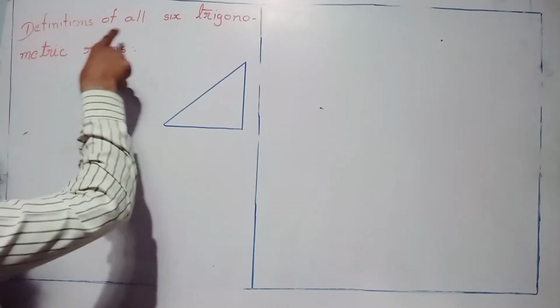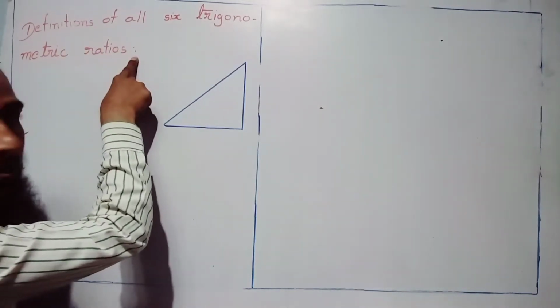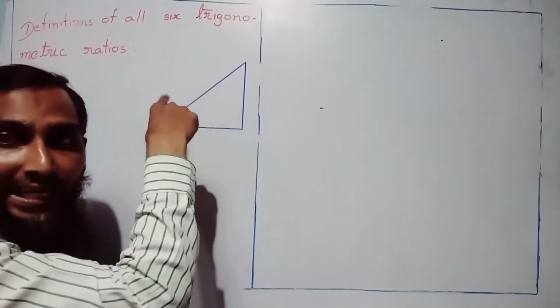So, the definition of all six trigonometric ratios. This is one right angle triangle.